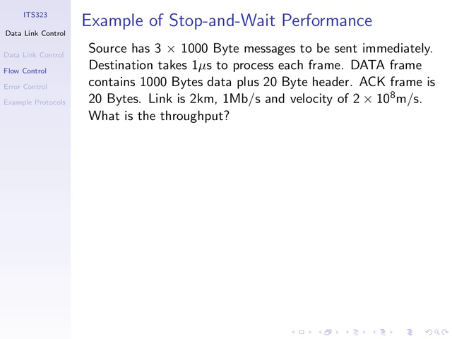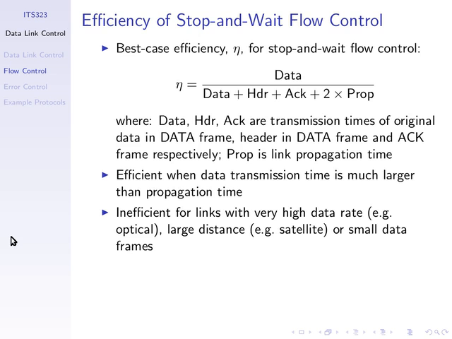Propagation increased from 10 to 100. The total time increases. Throughput is the data delivered divided by this total time. If this goes up, throughput goes down. So in fact, the key factors are the relationship between the propagation delay and the transmission delay.